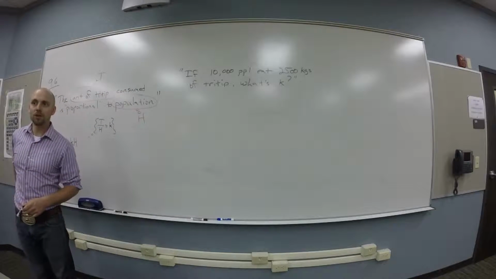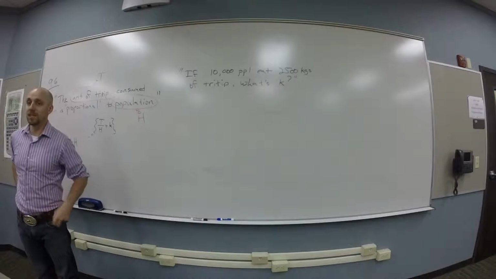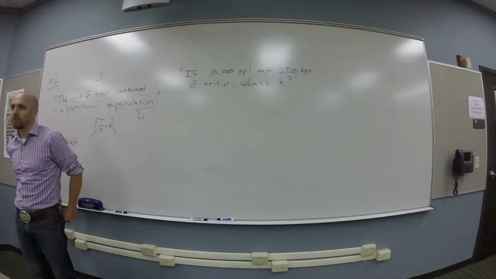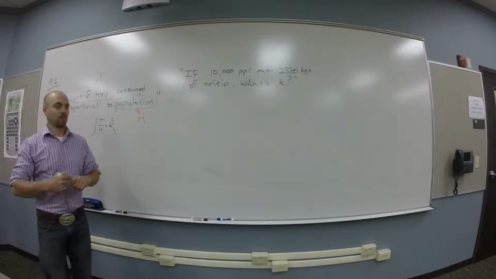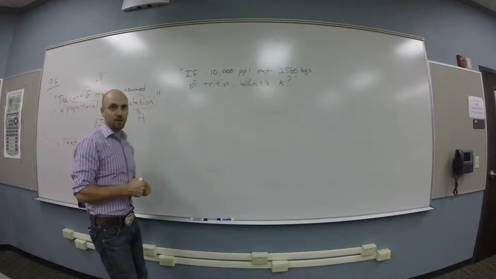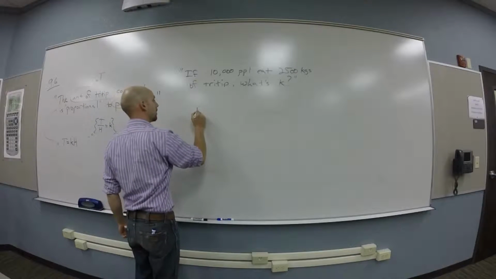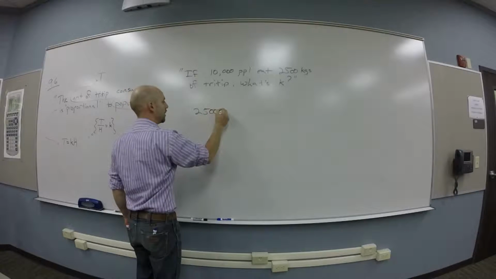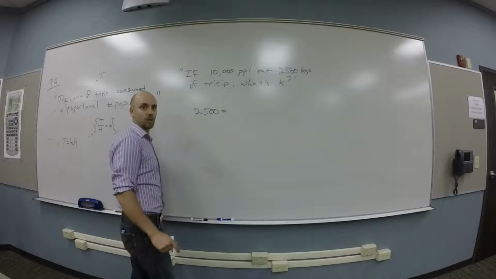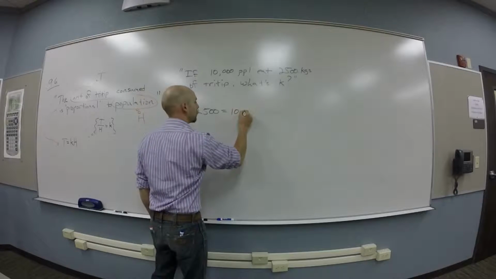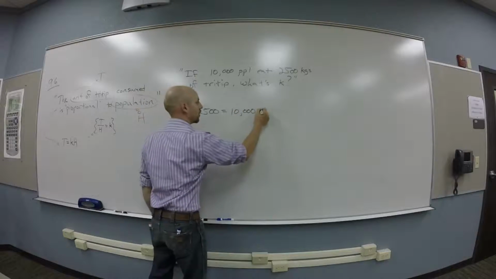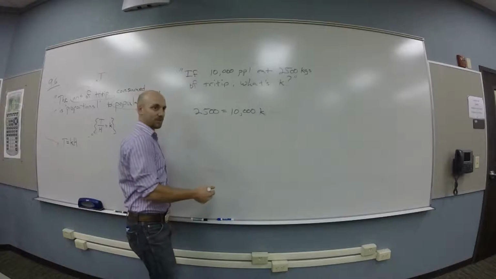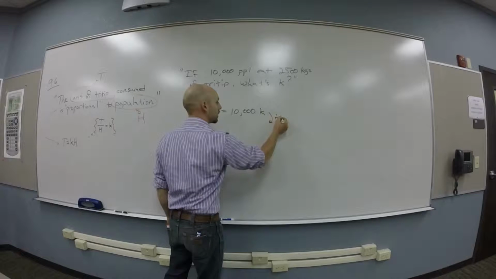And remember, I wanted to do this late in the semester so it would seem really easy. So what do you do? Plug stuff in, right? T will be 2,500 and H will be 10,000. So 2,500 equals 10,000 times K. Then divide both sides by 10,000.